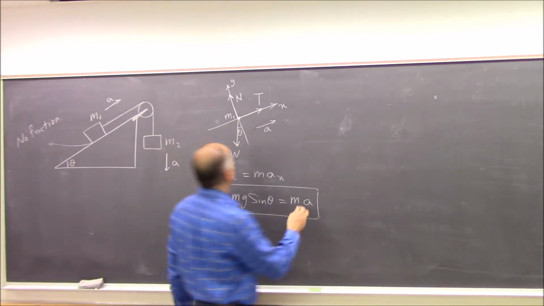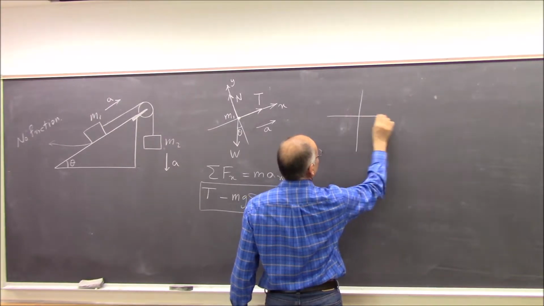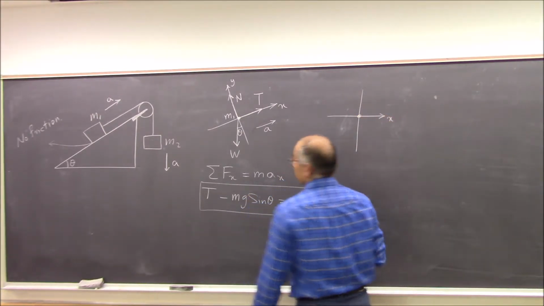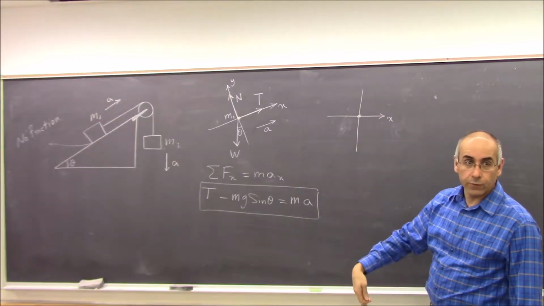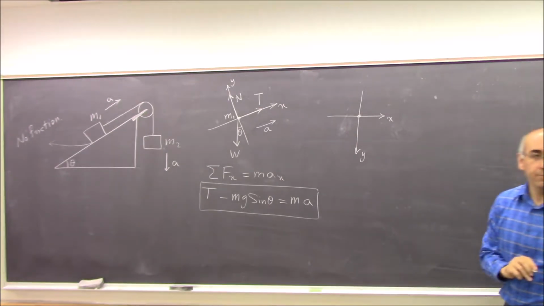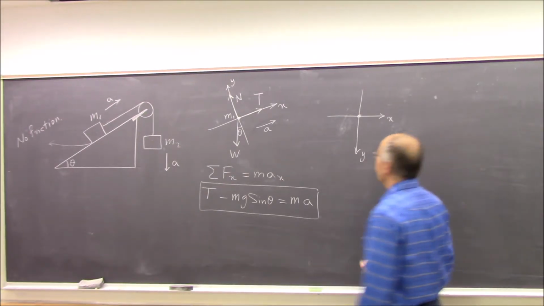And then for the second object, M2, you take this x and y. You can also take the y direction downward if you want. Let's take y direction downward. That makes it easier because the acceleration is positive in this case.